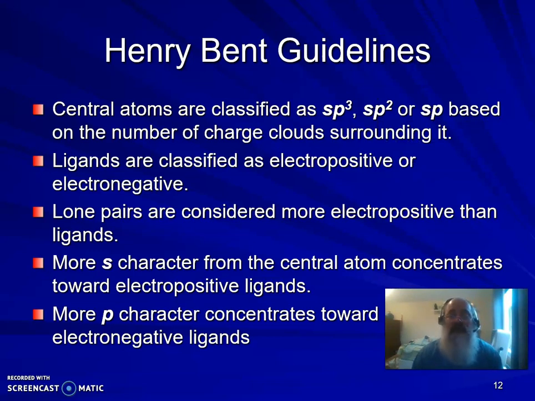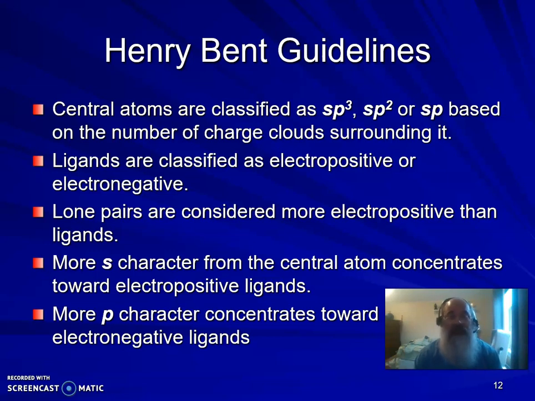Central atoms are classified as either sp3, sp2, or sp, based on the rules you learned in Gen Chem. Ligands are classified as electropositive or electronegative. Lone pairs are electropositive, more so than any ligand.